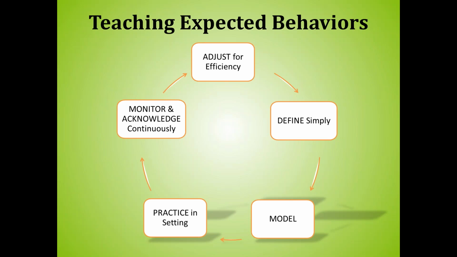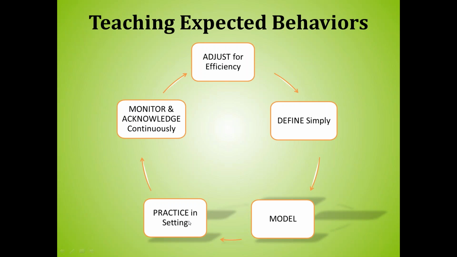In doing that, we teach the student the expected behaviors. So we let the definition of discipline guide us. We first need to define what it is that we're going to teach. And then we model with the students the expectations that we want them to perform, and we practice them in the specific settings.